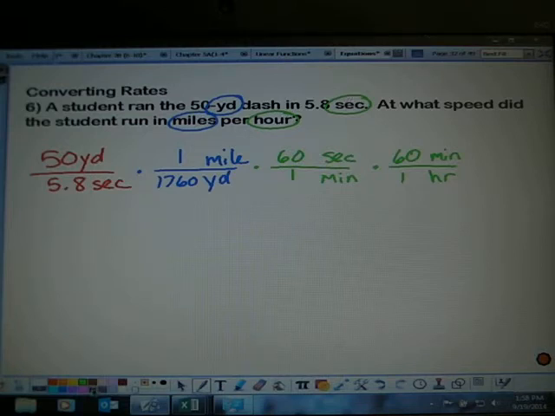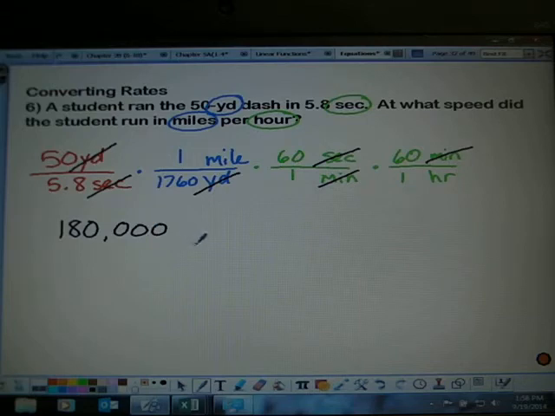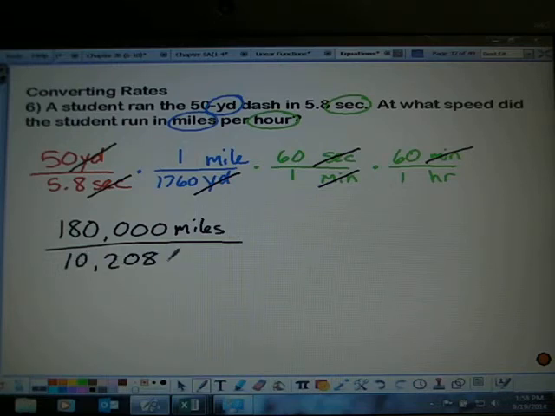Now there's a lot of stuff up there, so let's cancel some things out. The words can cancel out. Yards, yards. Seconds, seconds. And minutes, minutes. And look at the two words we're left with. Miles per hour. Multiply those straight across. 180,000, and that's miles, over 10,208, and that's hours.